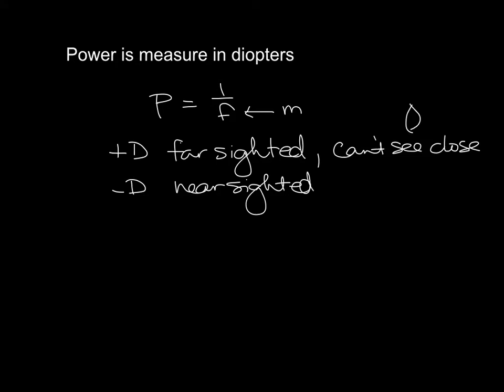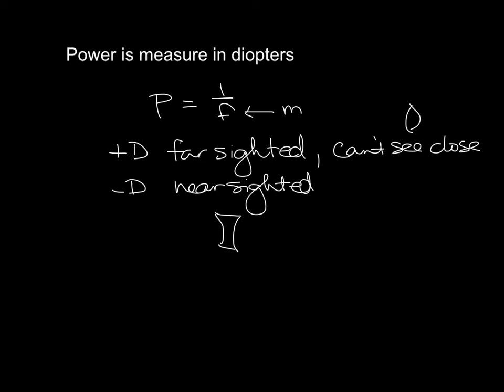If you are farsighted and you need glasses to read, and you run your hand down your glasses, you will see that they are thicker in the middle than on the outside. People that are nearsighted have a negative focal length, and lenses with a negative focal length are concave. If you run your fingers along your glasses, you will see that they are thinner in the middle than they are on the outside.